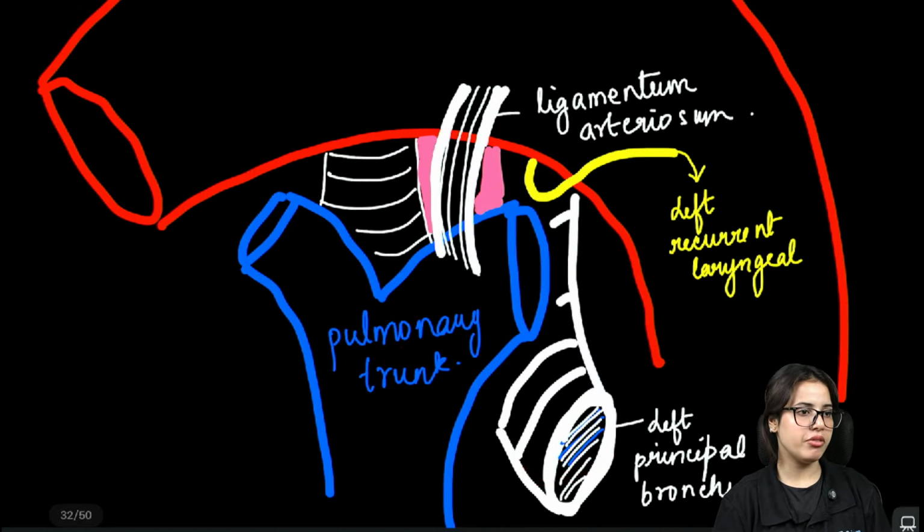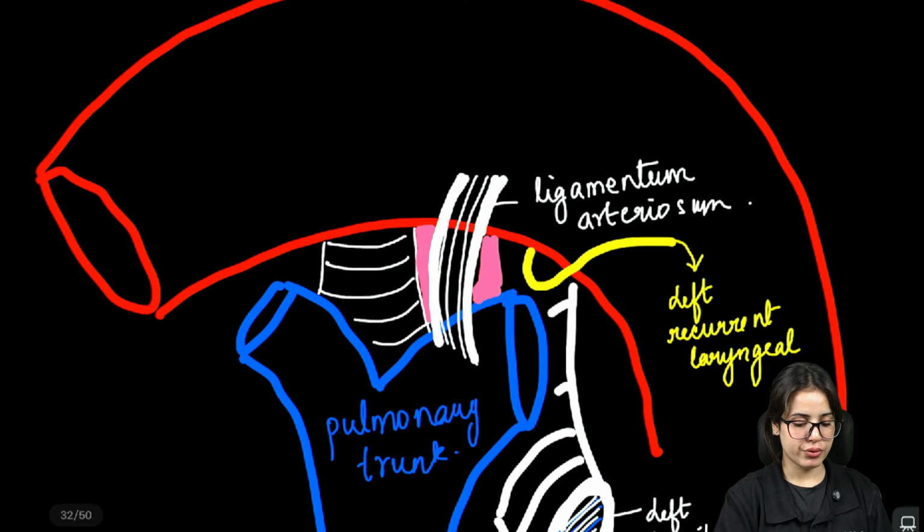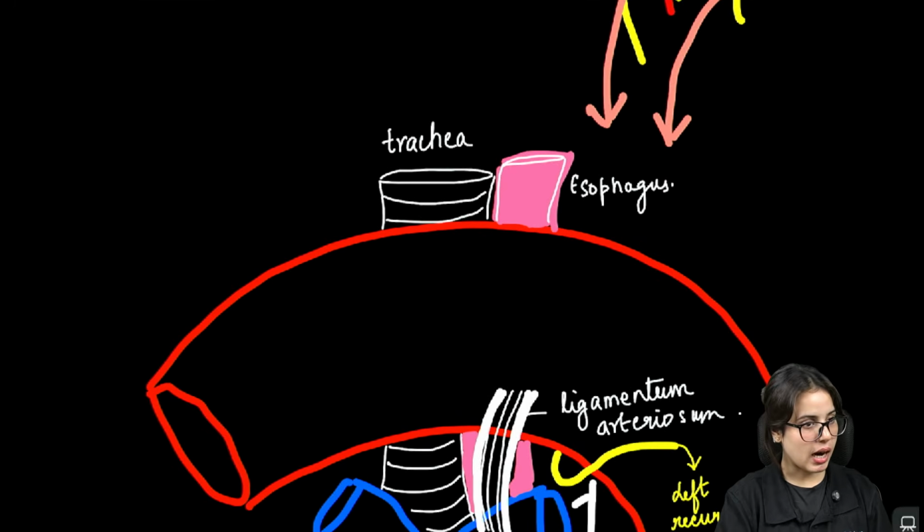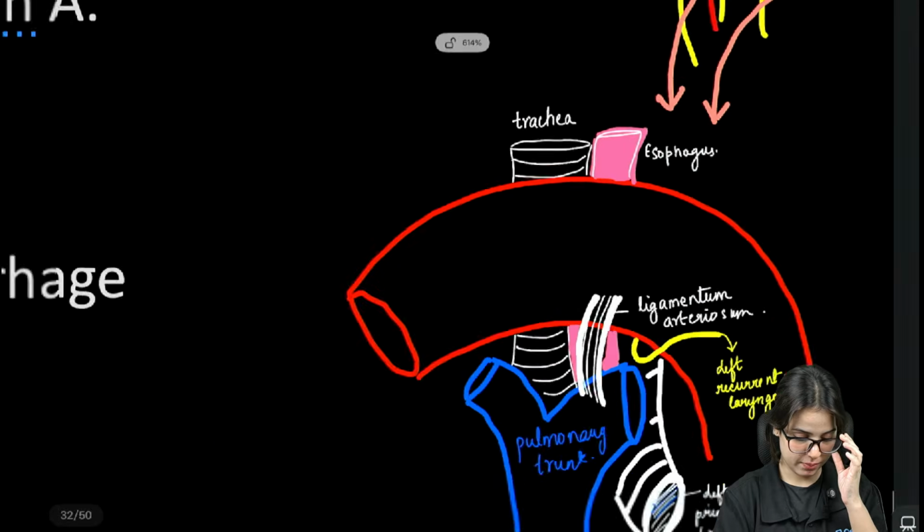There's an important fetal remnant called the ligamentum arteriosum that connects the arch of aorta to the pulmonary trunk. Now behind the arch of aorta are the trachea and esophagus.